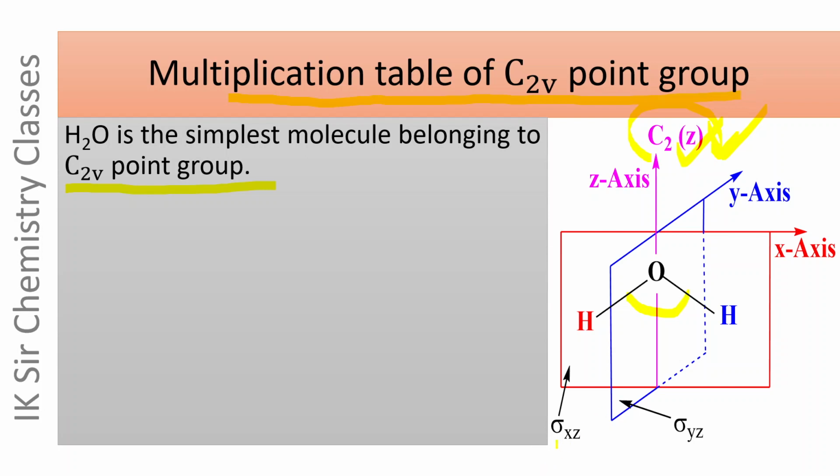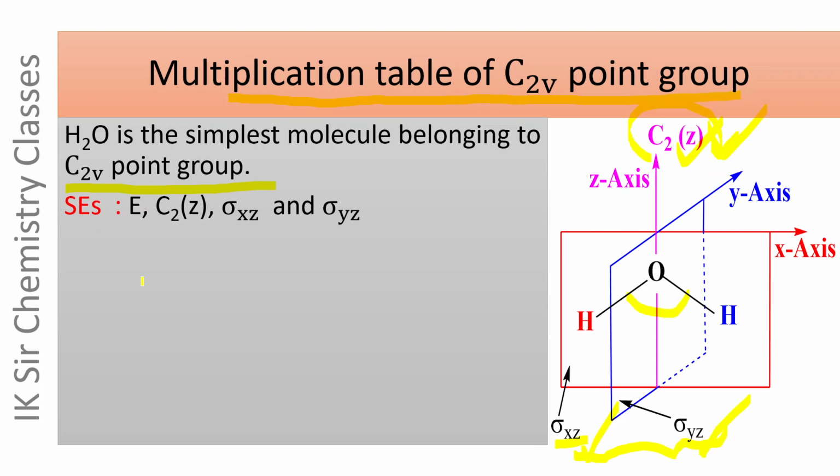And there is another plane, sigma xz. It is the molecular plane. Both these planes of symmetry contain the z-axis, that is the principal axis of symmetry, and hence these are vertical planes of symmetry, sigma v.